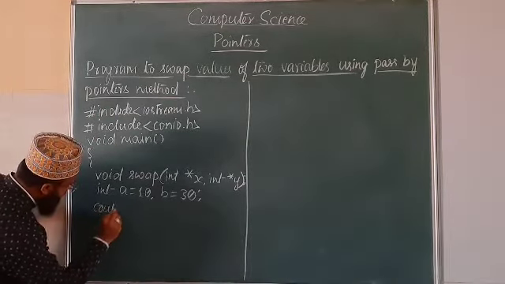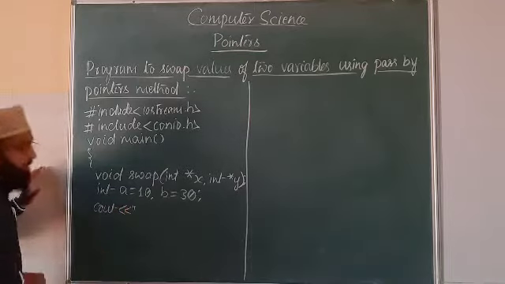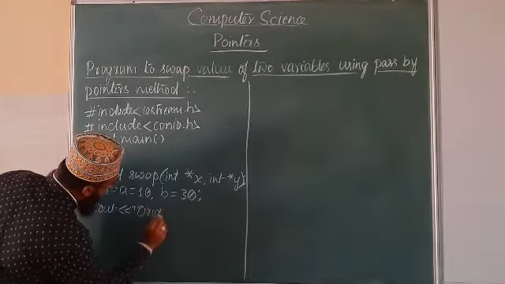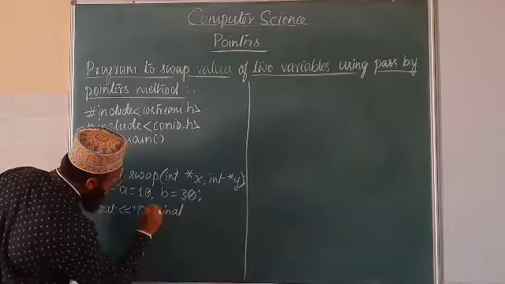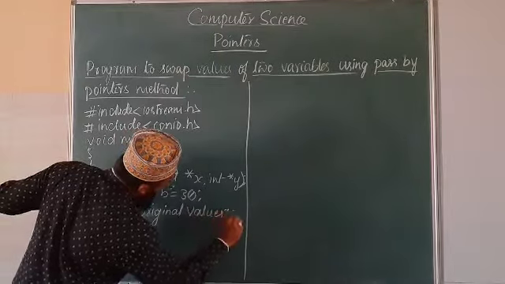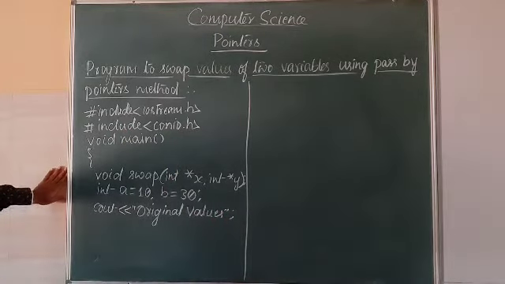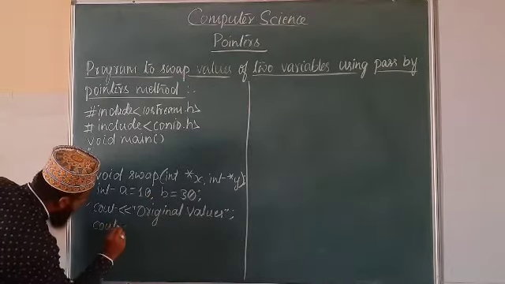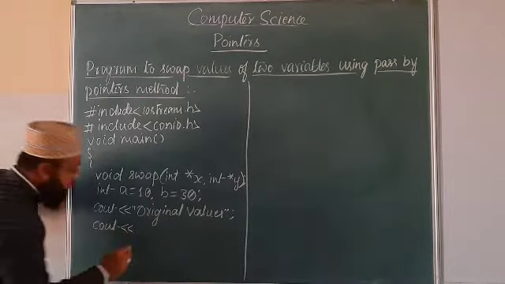Cout original values. What are the original values? A is 10, B is 30. For that we need to give output and input.